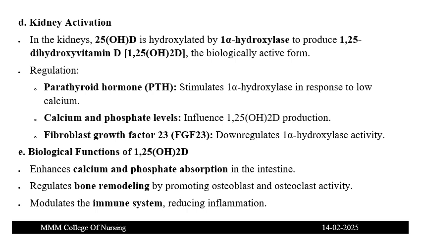Regarding regulation, parathyroid hormone stimulates 1 alpha hydroxylase in response to low calcium, calcium and phosphate levels influence the production, and fibroblast growth factor 23 downregulates 1 alpha hydroxylase activity.